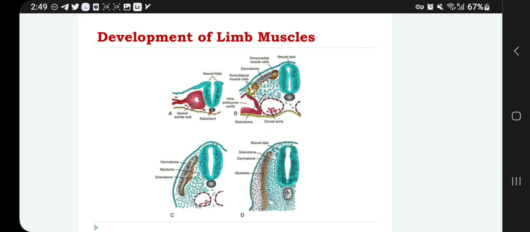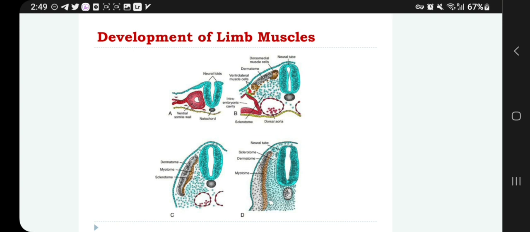So the muscle based on the region of embryonic origin divides into two parts: abaxial domain and paraxial domain. Paraxial domain is the dorsomedial muscle cells from the dorsomedial myotome, and the cells from the ventrolateral mesoderm that stay before this border, in the paraxial mesoderm.